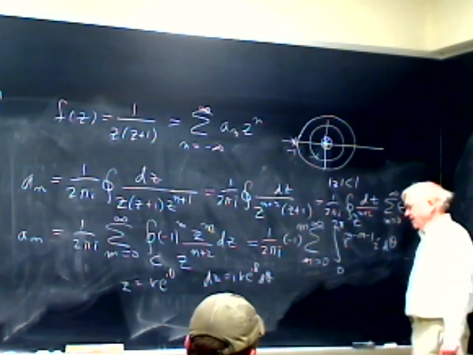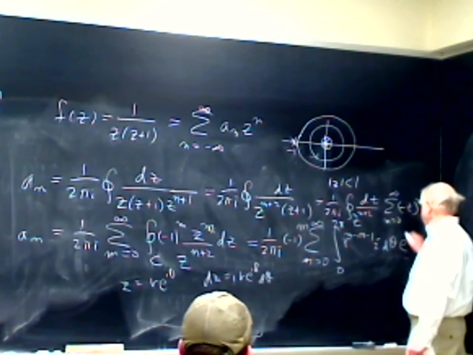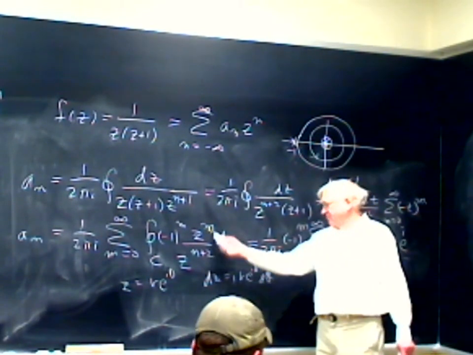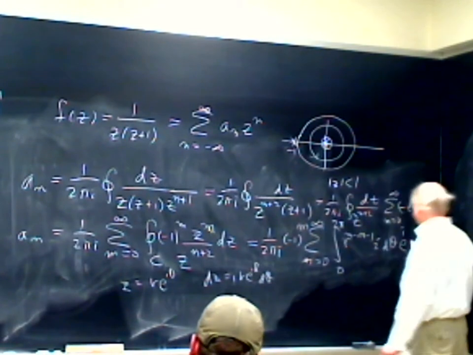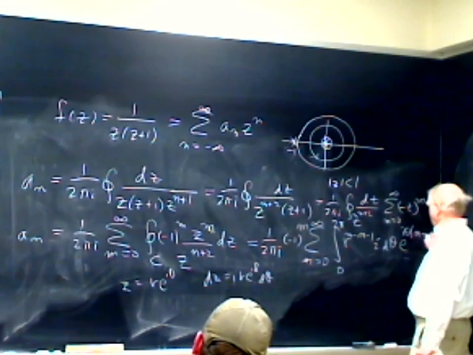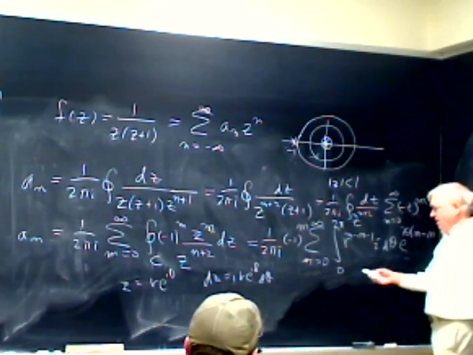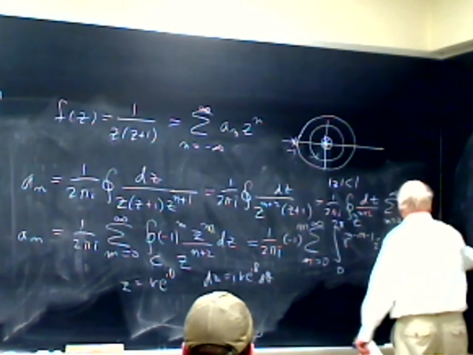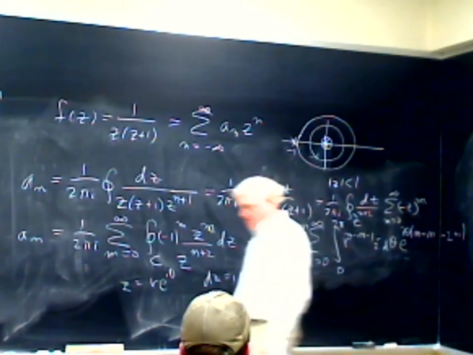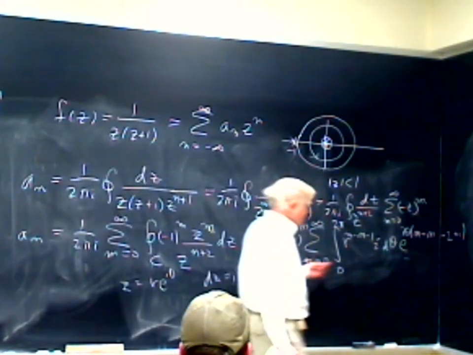We have an i from here, and we have e to the i theta from the dz. We have m of them from here, and so we have e to the i theta to the m minus n minus 2, and then from here plus 1. So that's the integration. And this integral will be 0.